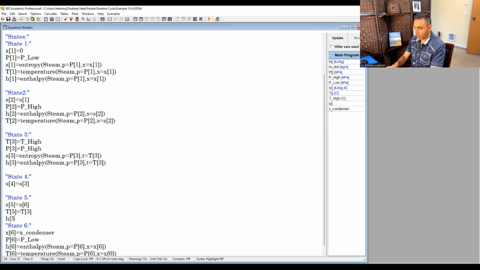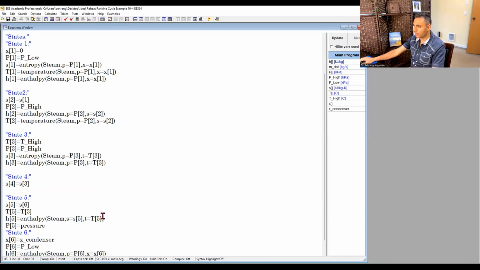H5 is basically the enthalpy of steam, like this, when S is S5 and T is T5. And this is what we were looking for, P5. P5 is supposed to be also P4, is the pressure.